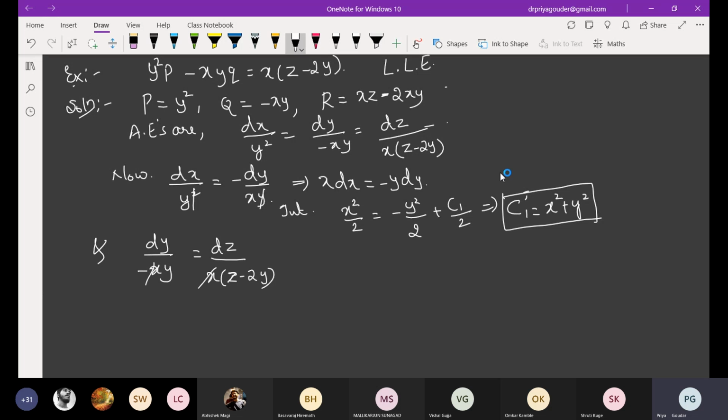X will be cancelled. Now tell me whether the variables are separated, yes or no? Variables are separated or no?